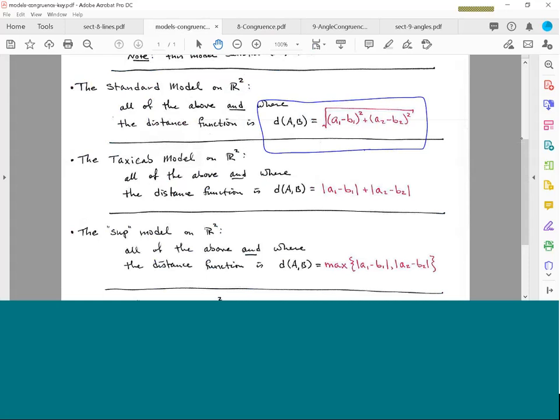Remember, all the x and y coordinates are real numbers. So you've got 2 real numbers subtracted, then squared, 2 real numbers subtracted, and then squared. That means each of these components is going to be positive or at least not negative. You add them together, you'll still get a non-negative number.